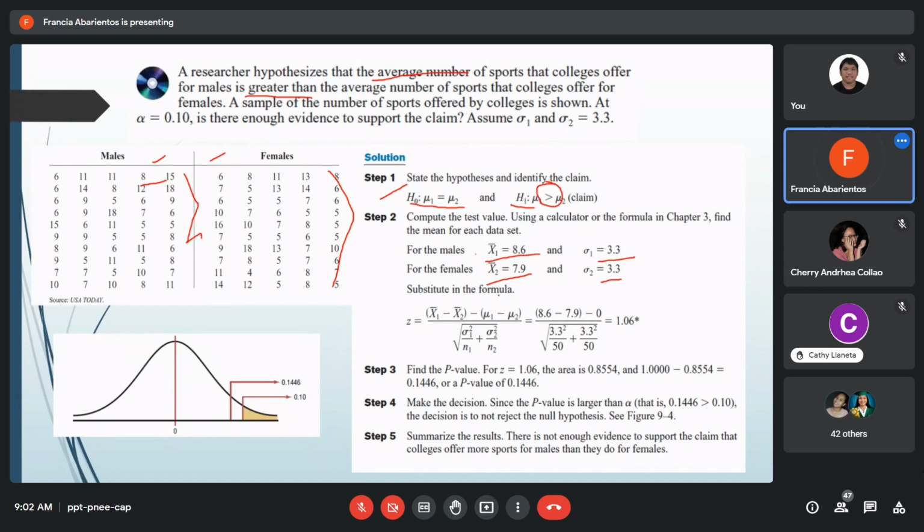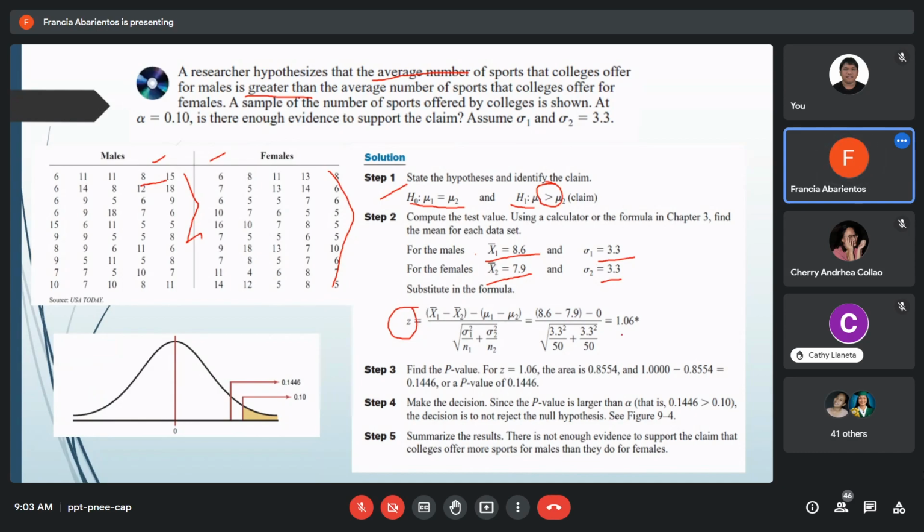After that, computing for the test value, it is still a z-test, but we will be using the p-value method. Earlier, in the traditional z-test method, the second step is finding the critical value given alpha. Here, we need to compute first for the z-test value.